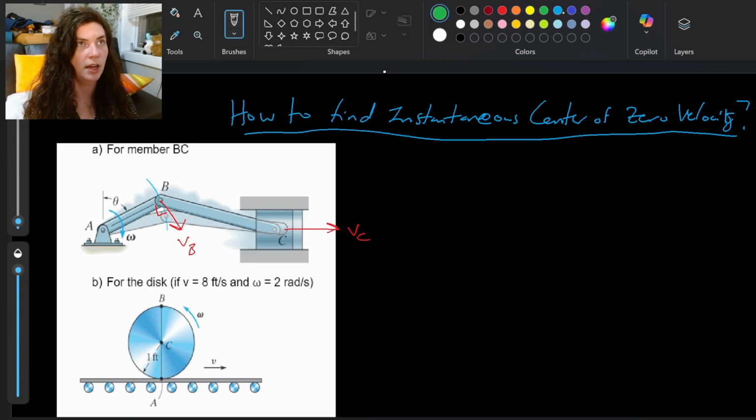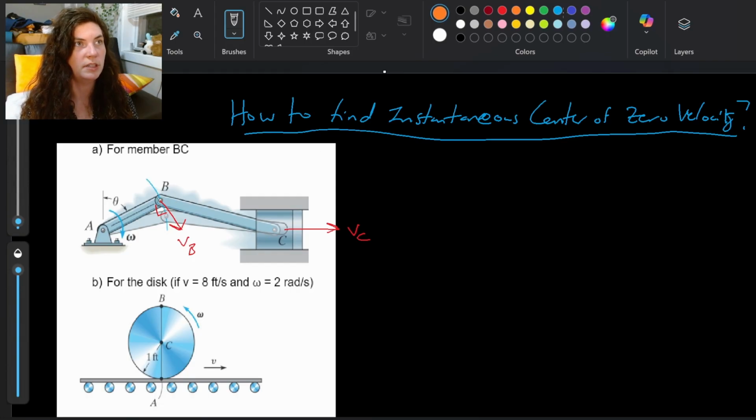And now I'm not actually sure if I have enough room to draw this. I guess we're going to find out. For a case like this, where we have the directions of our VB and VC, we're going to draw out perpendicular lines from those velocities to see where they intersect to find IC.